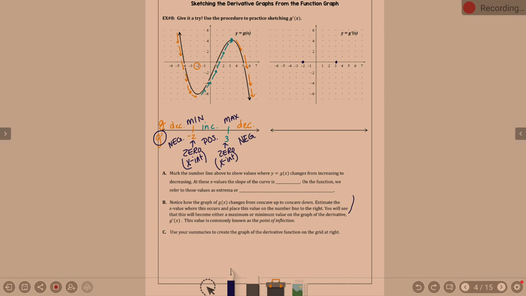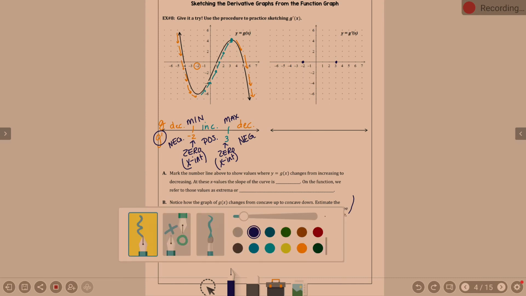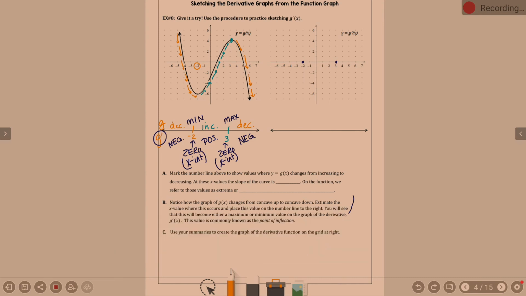Before I continue, I'm going to do this one more time. On that first number line, we talked about increasing, decreasing. On the second number line, I want to talk about concavity. So, what is my graph to begin with? It is currently at the beginning bold up.